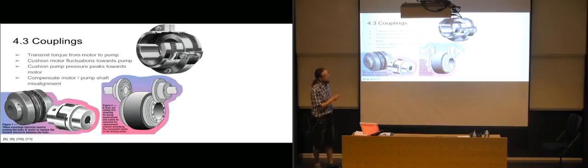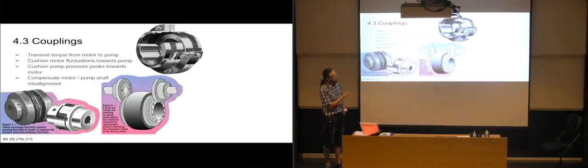You can have fully steel couplings. Then they are using teeth instead of direct bolting to transmit the power. So you will have a ring of teeth on the motor shaft.